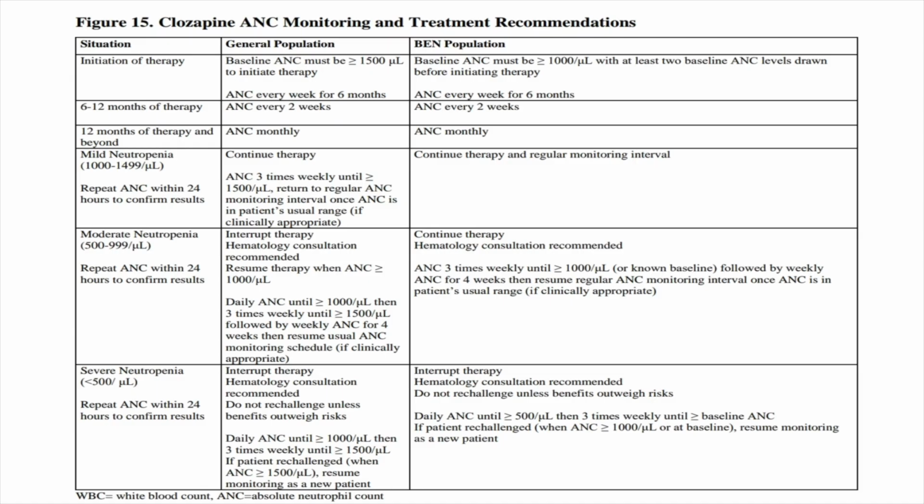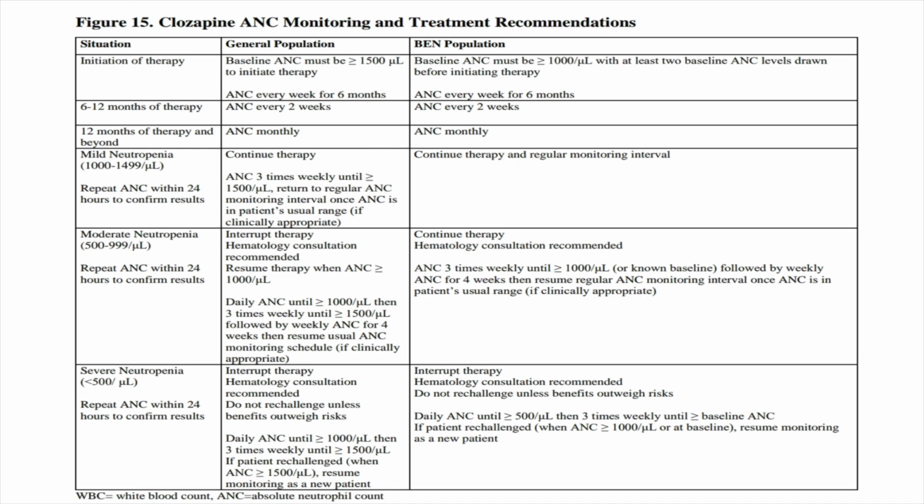Here is a chart of the clozapine absolute neutrophil count monitoring and treatment guidelines. The BEM population stands for benign ethnic neutropenia population. And these patients are African American, and some African Americans may have a baseline lower level of neutrophils. And that doesn't mean they can't take clozapine.